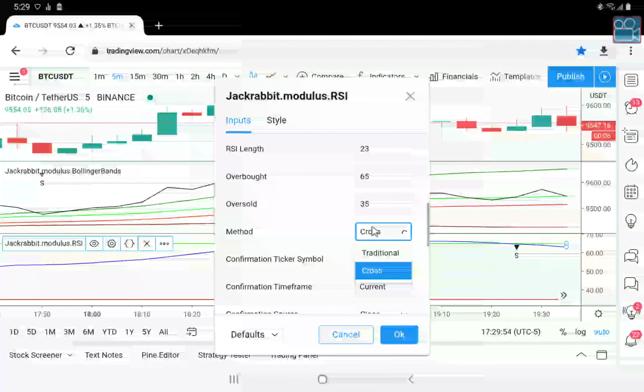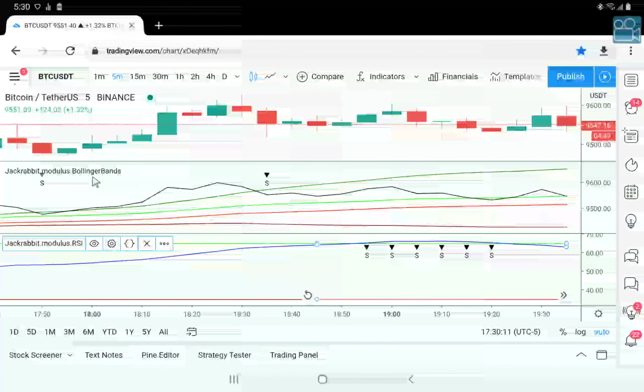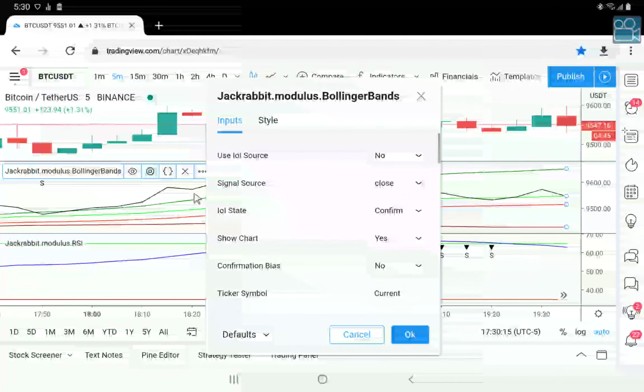So let's go from cross to traditional. Okay, and right here, 1, 2, 3, 4. So let's hold the signal for 5 candlesticks here and see what the result is going to be.